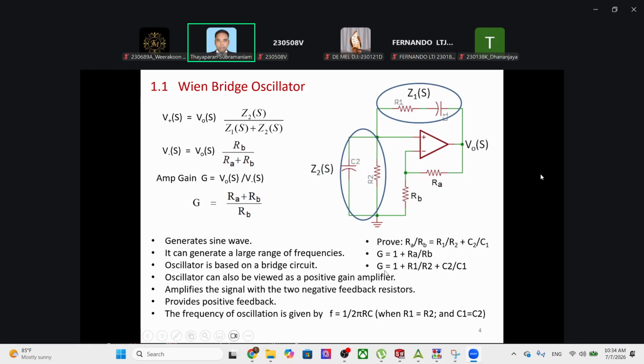So beta is fixed here. Therefore, how can we change the gain of this amplifier? By introducing a variable resistor here or here. You have to carefully choose the variable resistor. Now, according to this, gain is RA over RB. So RA becomes 2RB, so 2RB is bigger.